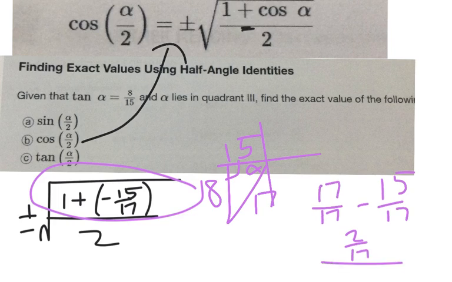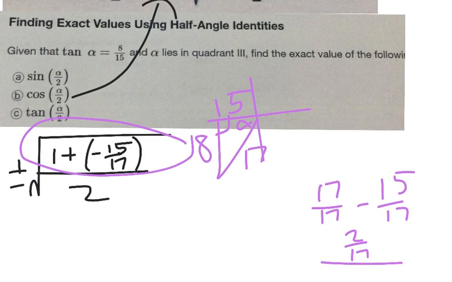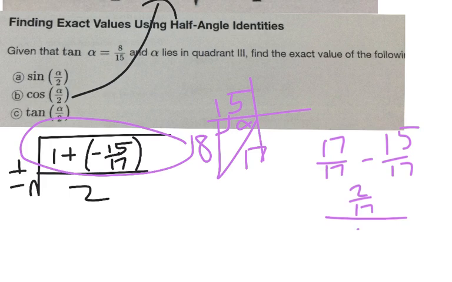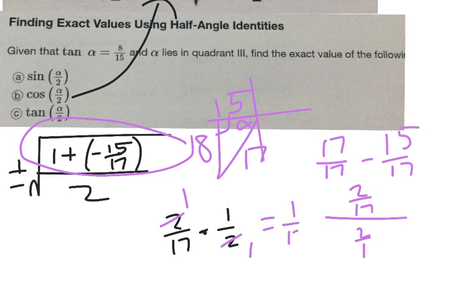And this is over 2 over 1. Keep change flip. 2 over 17 multiplied by the reciprocal. I can cross reduce. 1 times 1 is 1 over 17.